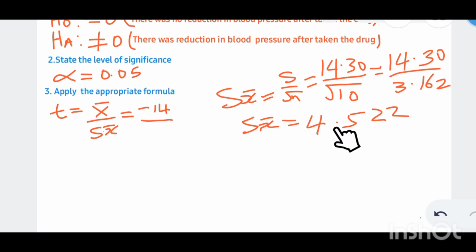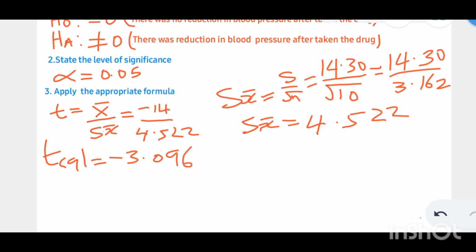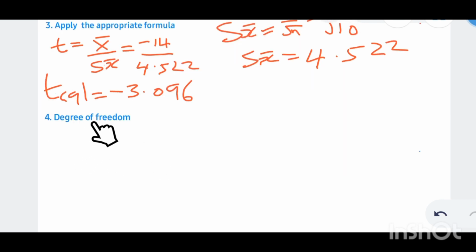Inserting the value we got for standard error in our formula, our t calculated will be minus 14 divided by 4.522. So our t calc would be minus 3.096.